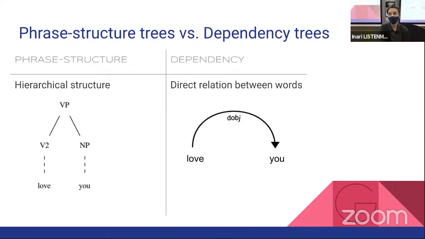It has a name, it's labeled like that. But a dependency tree is just a direct relation between words. So love is the head, and there is a dependency from that to the dependent you, and that relation can be labeled. So this one is labeled as direct object.